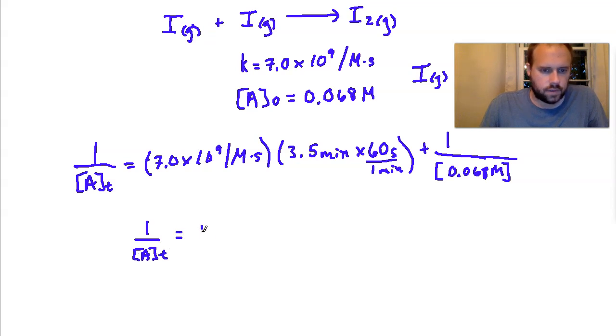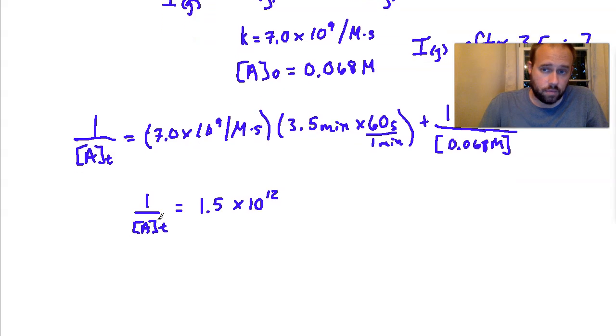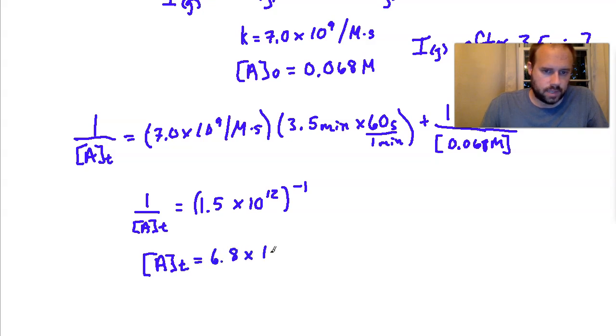Okay, so solving for this, I want to find what 1 over the concentration of the AT is. And it turns out if you solve for that, it's 1.5 times 10 to the 12th. Now this is 1 over that value. So what I would need to do at this point is I would need to take the inverse, or the reciprocal, in order to get the correct value. So by doing that, I'm going to take this value to the -1, and then I'll get AT, and it is going to be equal to 6.8 times 10 to the -13th molarity.